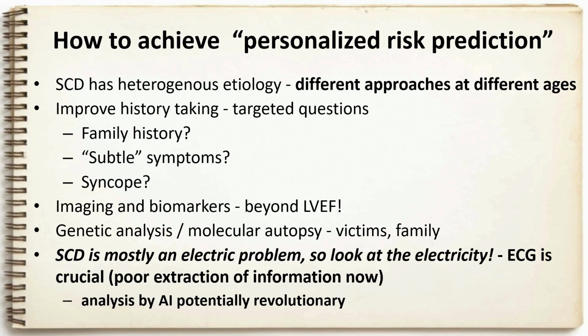But sudden cardiac death, sudden arrhythmic death, is mostly an electric problem. So we should look at the electricity first of all. So ECG is crucial, but until now we had a relatively poor extraction of information. So analysis by artificial intelligence could be potentially revolutionary.